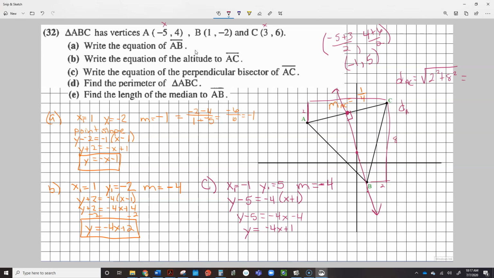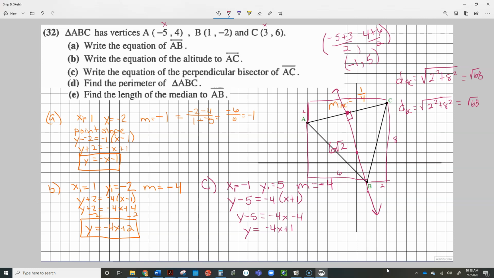The distance of BC is 2 squared plus 8 squared. And this one is a change of 6, and a change of 6 again. Oh, that's easy. That's 6 square roots of 2. And this one is going to be 64 plus 4, so it's the square root of 68.